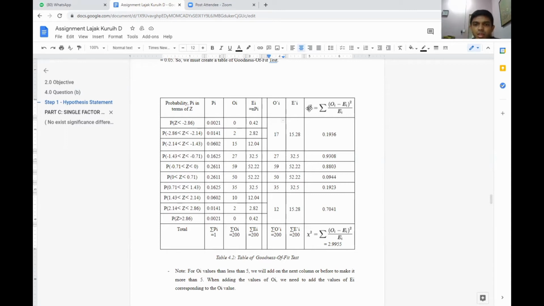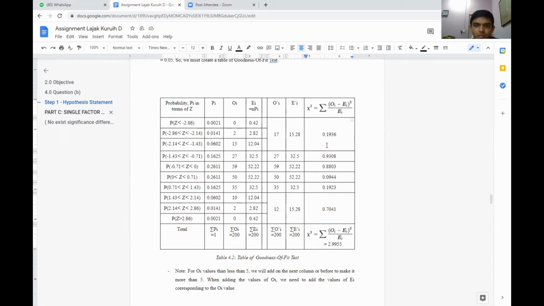And then the last part is the formula of goodness of fit test, which is OI minus EI squared and then dividing by EI. So OI, for example, is 0 minus 0.42. Okay, so squared this one, and then we must divide it by 15.28. So we will get 0.1936.